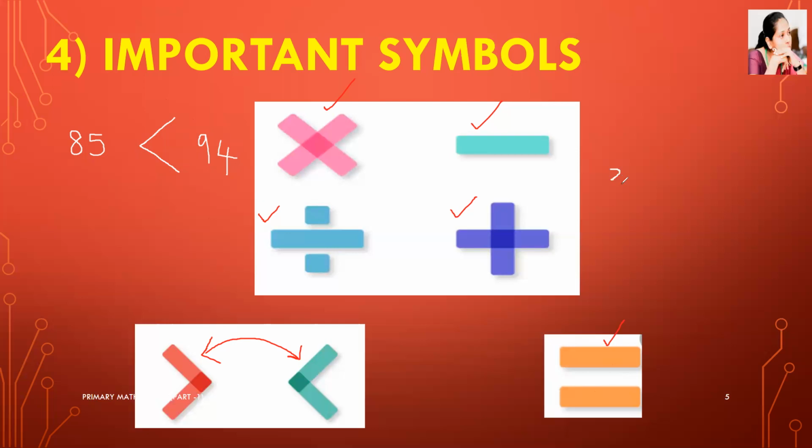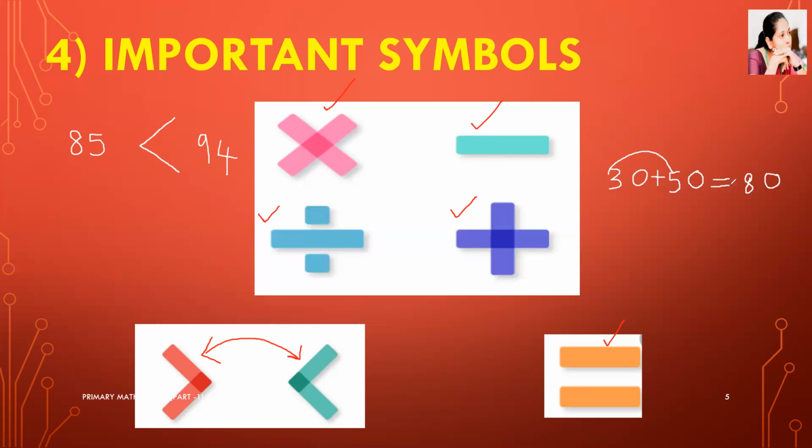The equal sign we use like this. Just imagine I have 30 plus 50. Now I'm going to add. So 30 plus 50, I can add 0 plus 0, it's 0. 3 plus 5, it's 8, so 80. Now I can't just write it like this. So 30 plus 50 equals 80. So there I need this symbol.